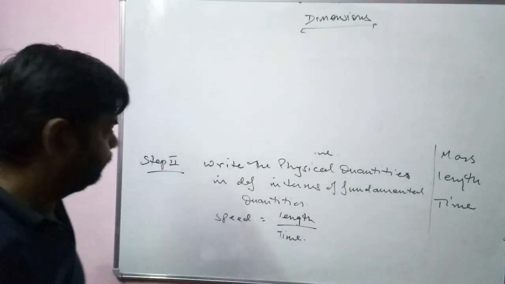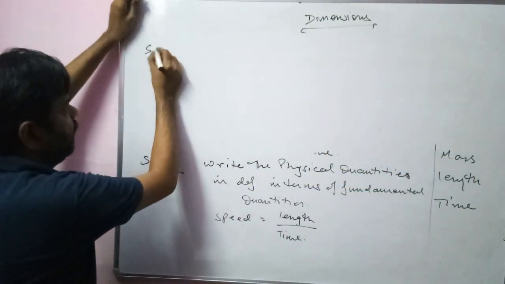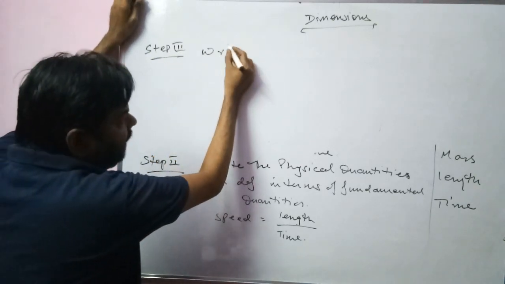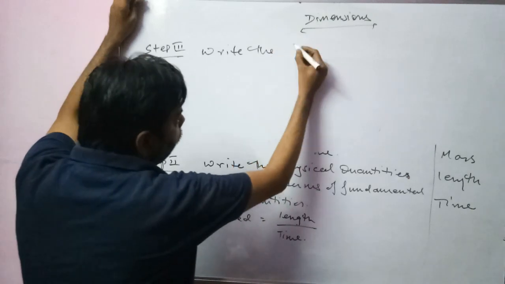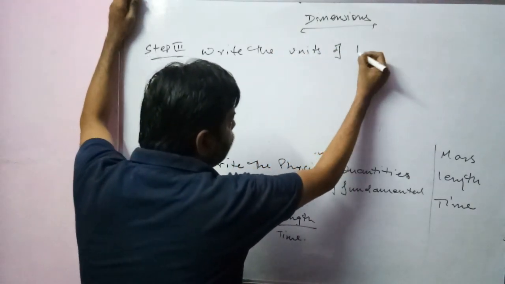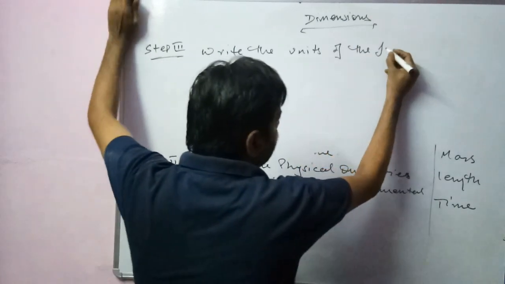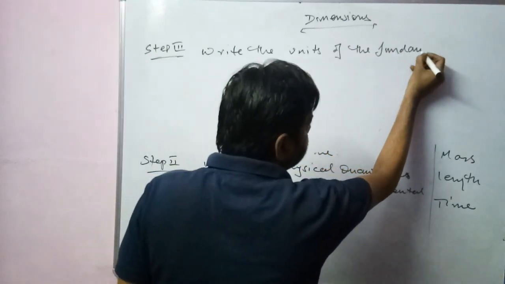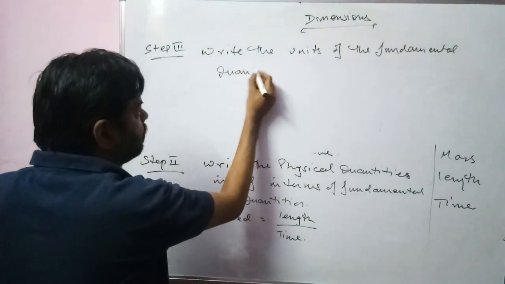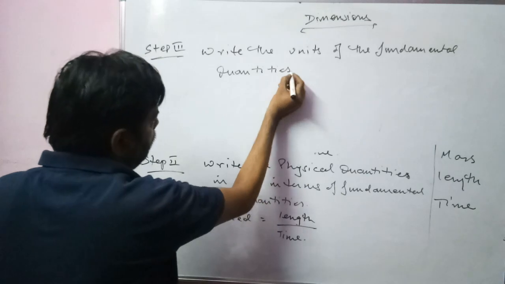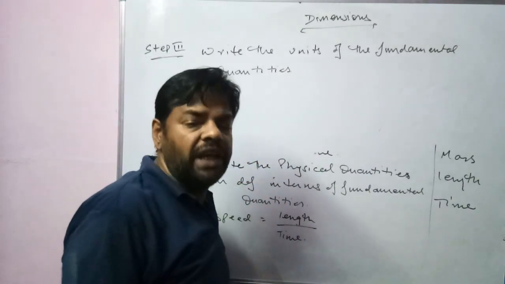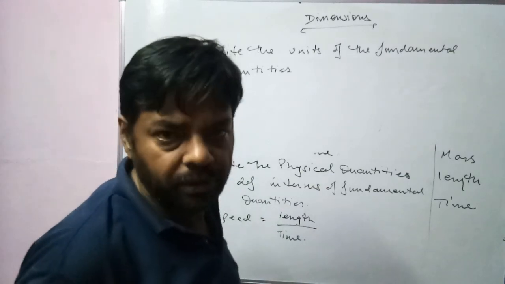Now the last step, step 3. What do you have to do? You have to write the units of the fundamental quantities which we have obtained in step 2.